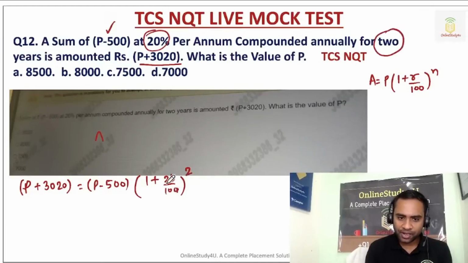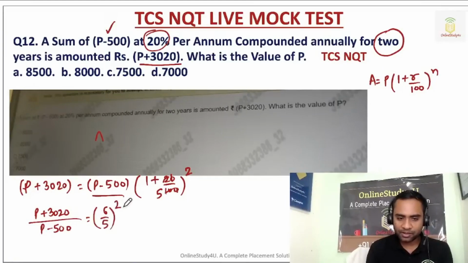Now 10 and 10 cancel, this is 5 times. So P plus 3020, and this will come down here, so P minus 500 will be equal to 5 plus 1, 6 by 5 squared, that is nothing but 36 by 25.